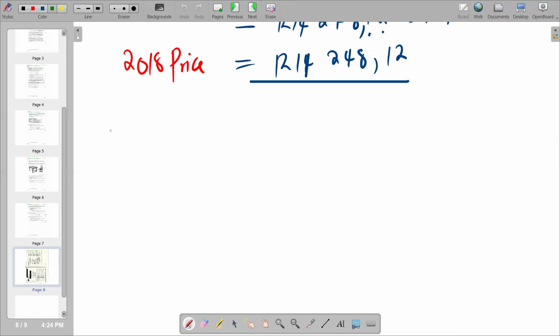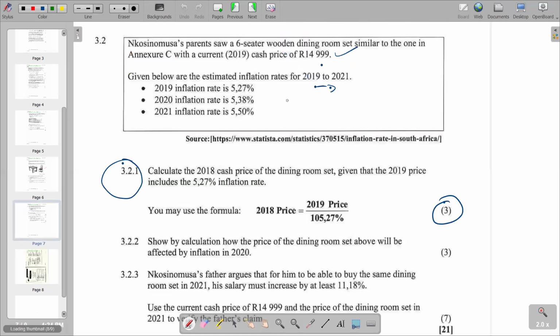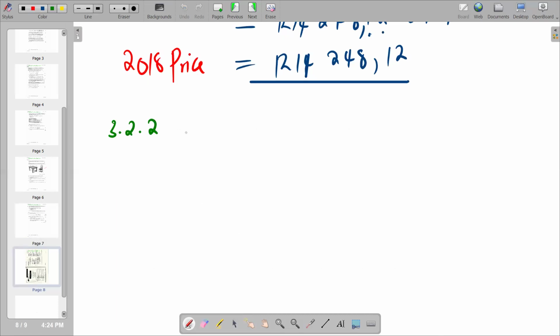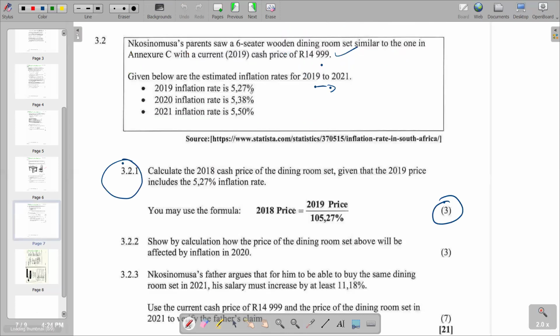So we go to the second part of our question, which is 3.2.2. The inflation rate that we have is 5.38%, and then we multiply by the price of 2019, which is 14,999.